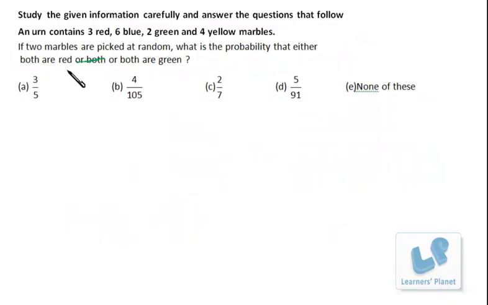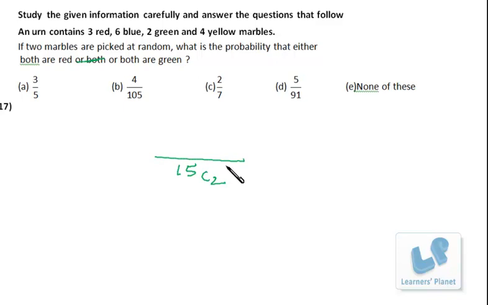Now in this question, if 2 marbles are picked up at random, what is the probability that either both of them are red or green? Okay. Now if we have to select 2 marbles out of 15, the total number of cases will be 15C2. Now we have to find out the favorable number of cases.